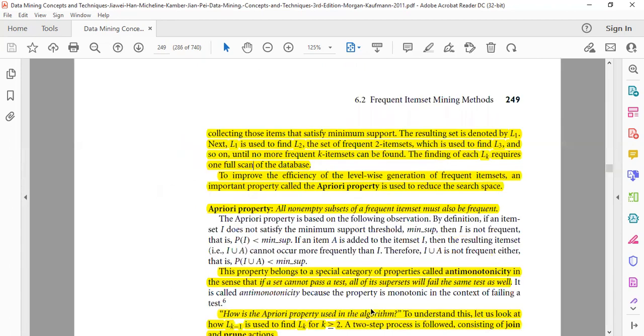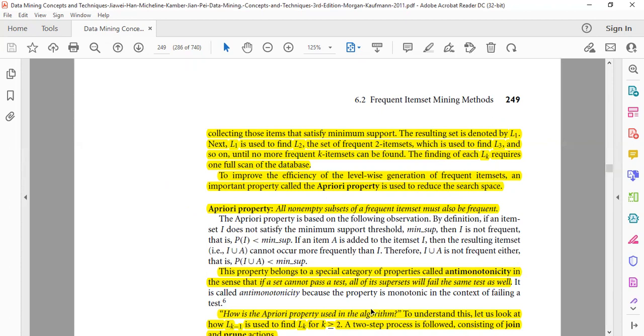When we collect all the items that satisfy the minimum support count, this gives us the L1 set, represented as L subscript 1. From this L1 set, the 1-item sets, we find the 2-item sets. This is termed L2, which in turn is used to find the 3-item sets, and so on until no more frequent k item sets can be found.